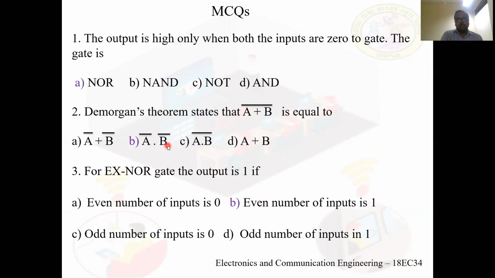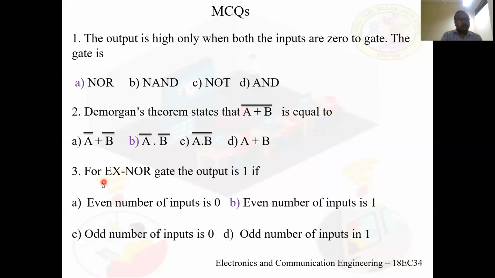This is one of De Morgan's theorems, and a very important theorem. What it says is that the complement of the sum of the input variables A and B is equal to the AND of the complements of the individual input variables here.